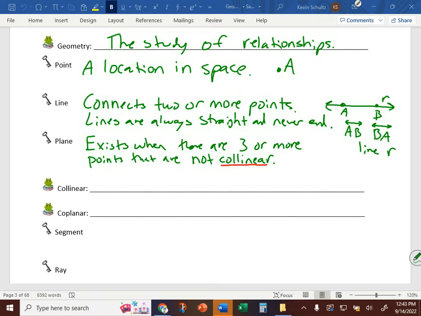The very next definition is collinear. What does it mean if points are collinear? If you just had a guess, take a look at the word. Maybe go back to your Greek and Latin. Collinear. What would you guess the word collinear means? Yes. Okay.